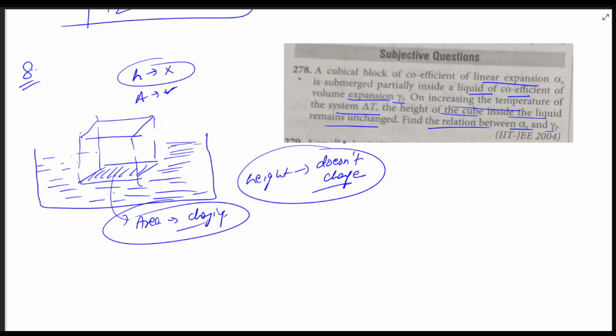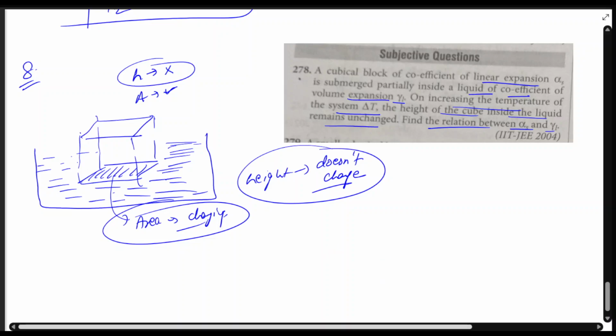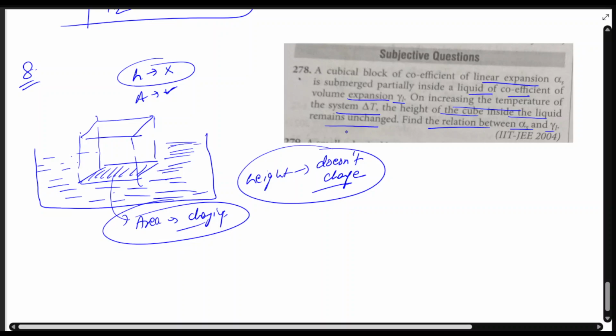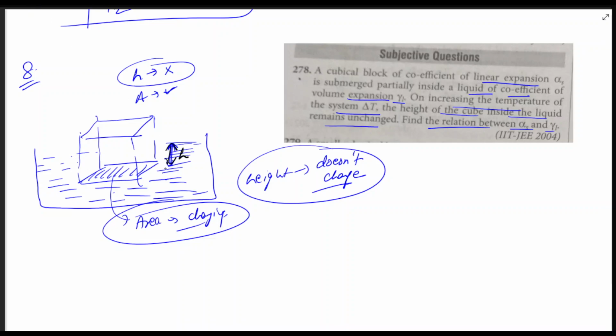We'll just use the concept of buoyancy and weight. Now look, this h is the height inside the liquid; the part of the object inside the liquid is h, and it is the same.